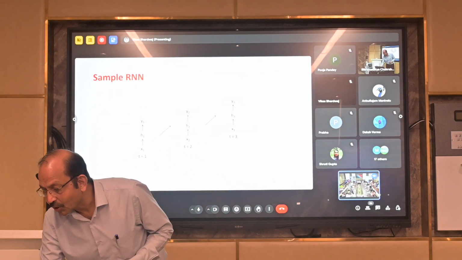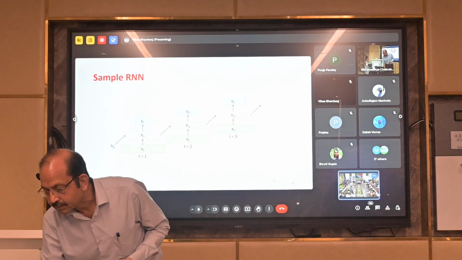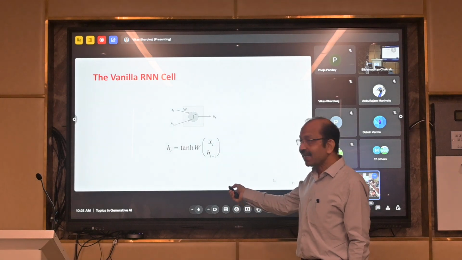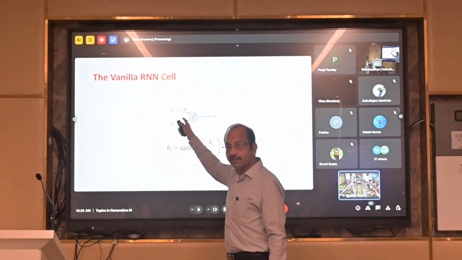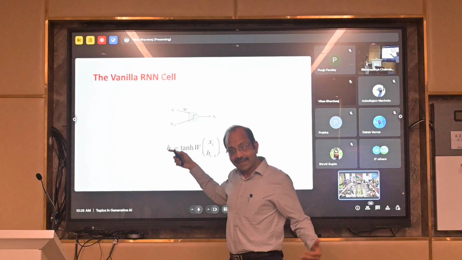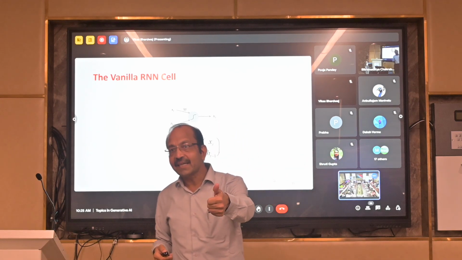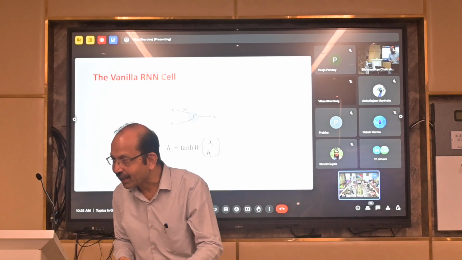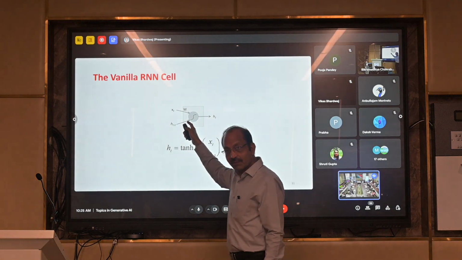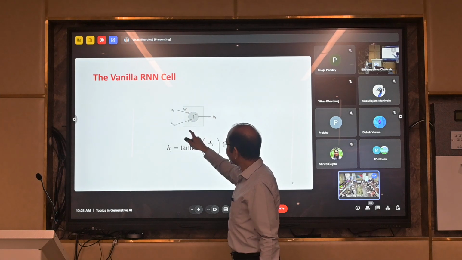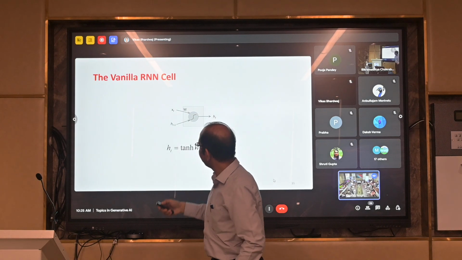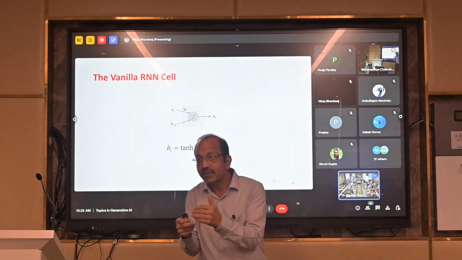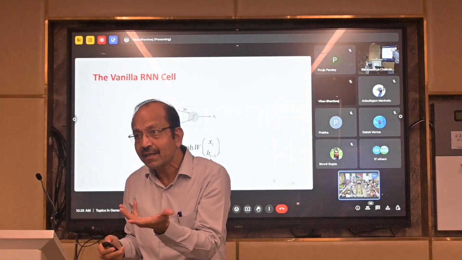So can I model like this? At time t, the input is xt, and for the previous input xt minus 1, your state was st minus 1. Those two will go as input, and this module has connections depending upon the length of xt and the length of xt minus 1. Correspondingly, the weights w you have to learn.